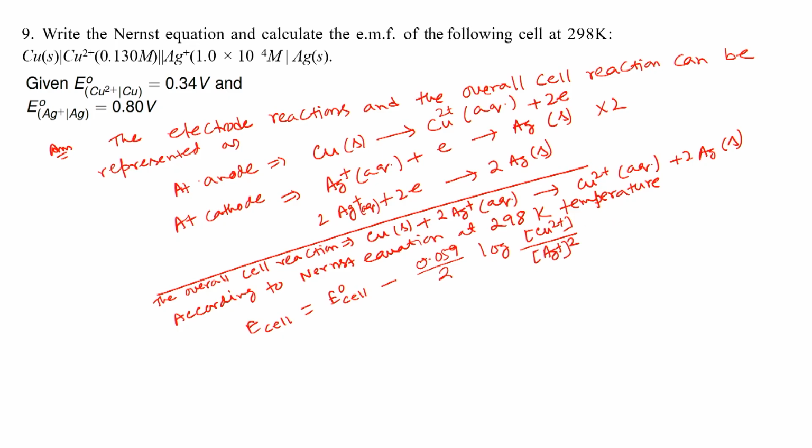Since Ag and Cu are both solid, the concentration is 1, so we are omitting that.